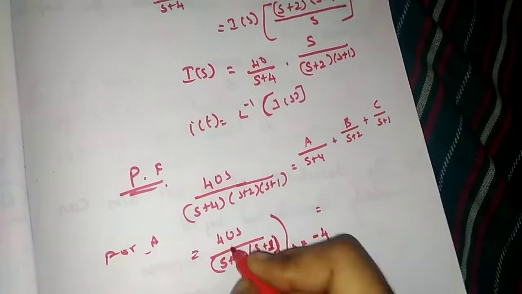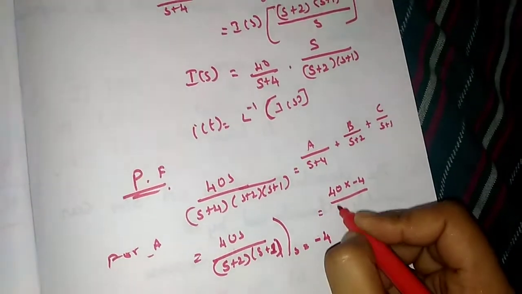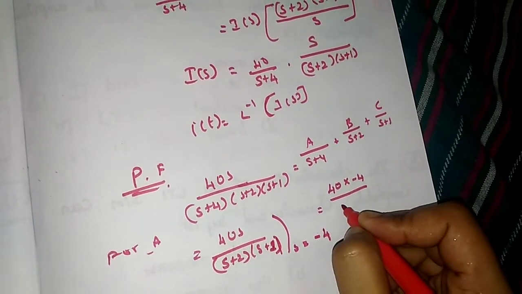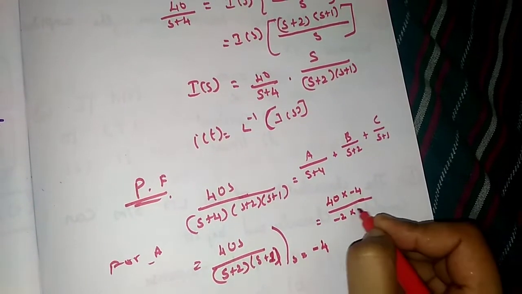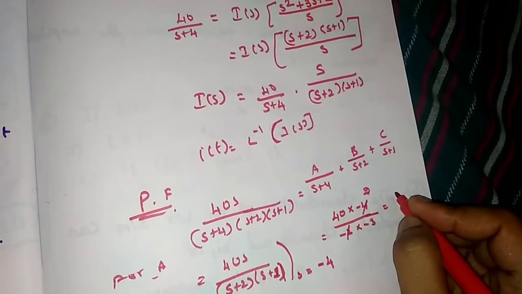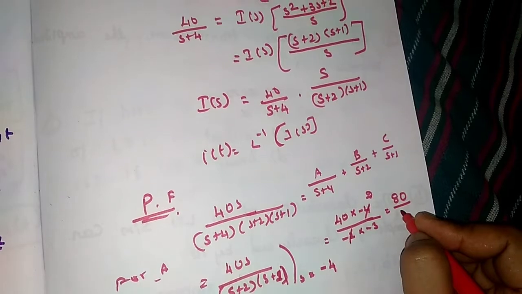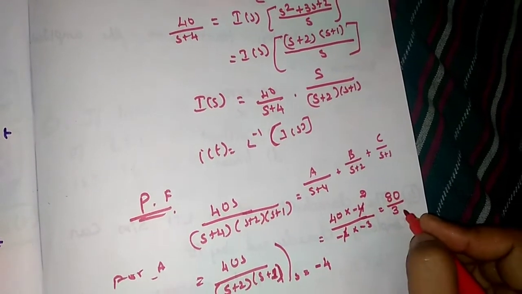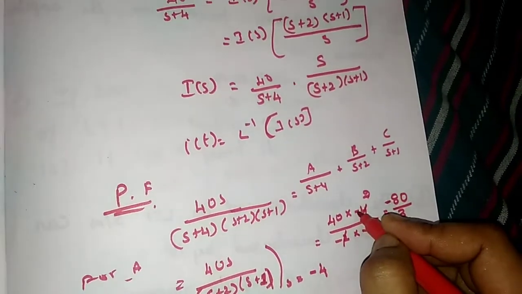Putting that value in, we get 40 into minus 4 divided by (minus 4 plus 2) into (minus 4 plus 1), which is minus 2 into minus 3. So this will get cancelled, we get 2. So the answer here is 80 by 3. Here minus into minus becomes plus, and here one minus, so minus 80 by 3.